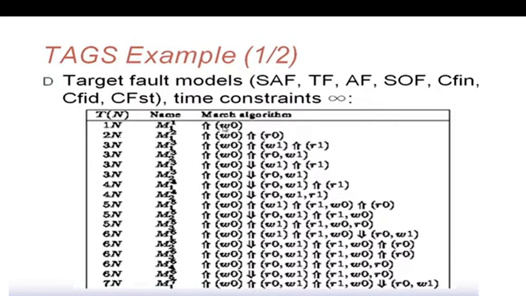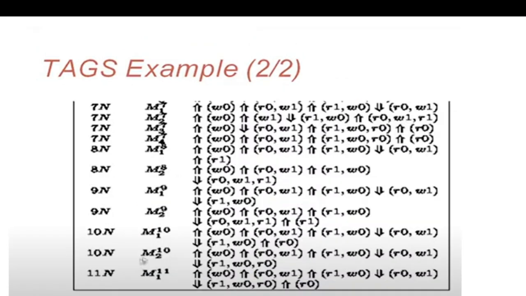So, tags example, target fault models: SAF, TF, AF, SOF, and other coupling faults. The timing constraints are infinite. These are the March patterns with their respective time complexity.